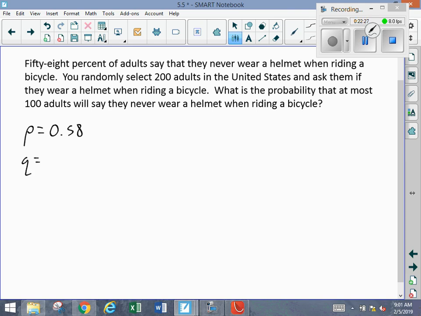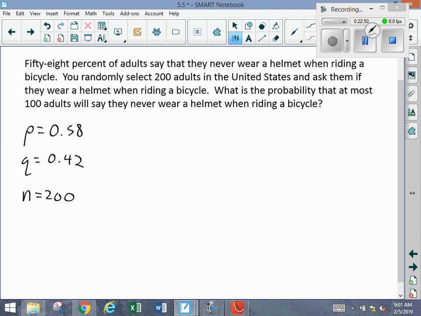It's going to be 1 minus 0.58, or 0.42. Also, we know that N is 200 because we've randomly selected 200 adults. And we're going to ask them if they wear a helmet when riding a bicycle.